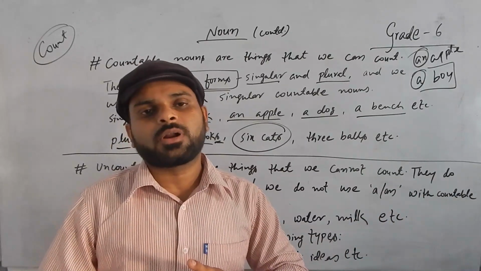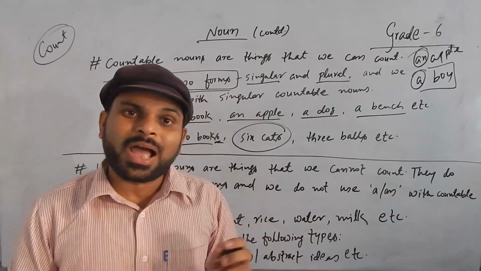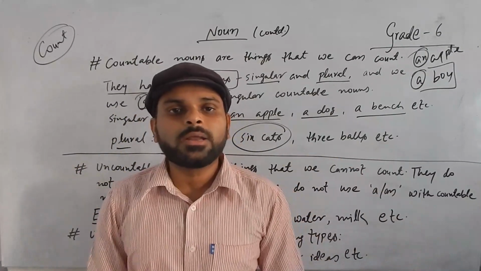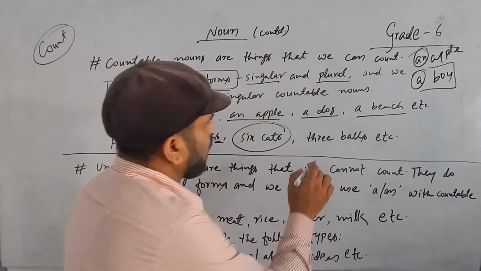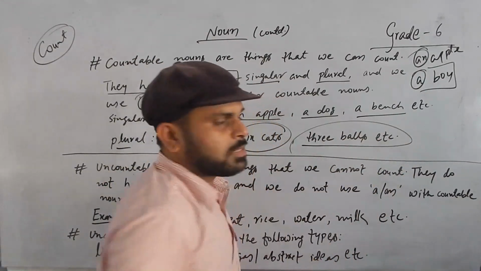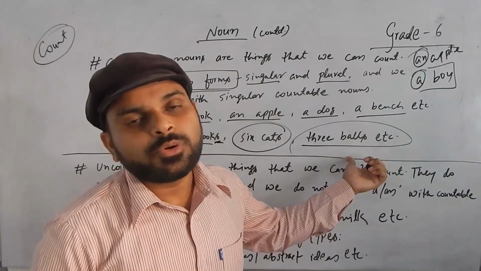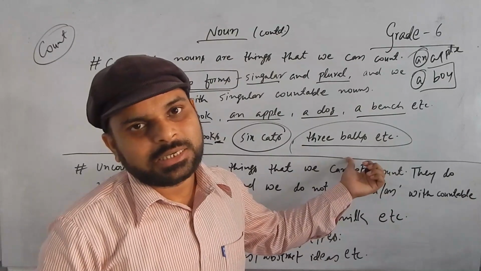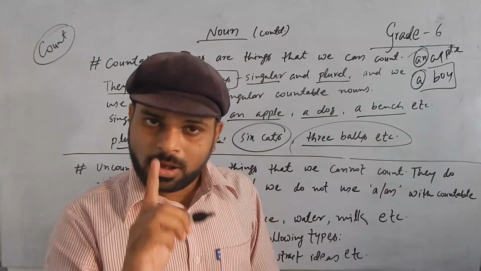Do not think about uncountable noun, just think about countable noun. Countable nouns also have singular and plural forms. Like 3 balls. Is it a singular countable noun or a plural countable noun? It is exactly a plural countable noun.